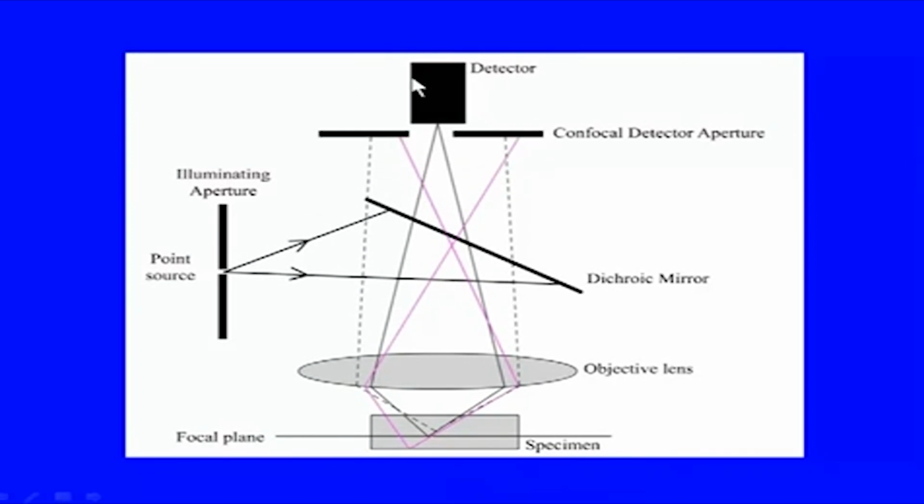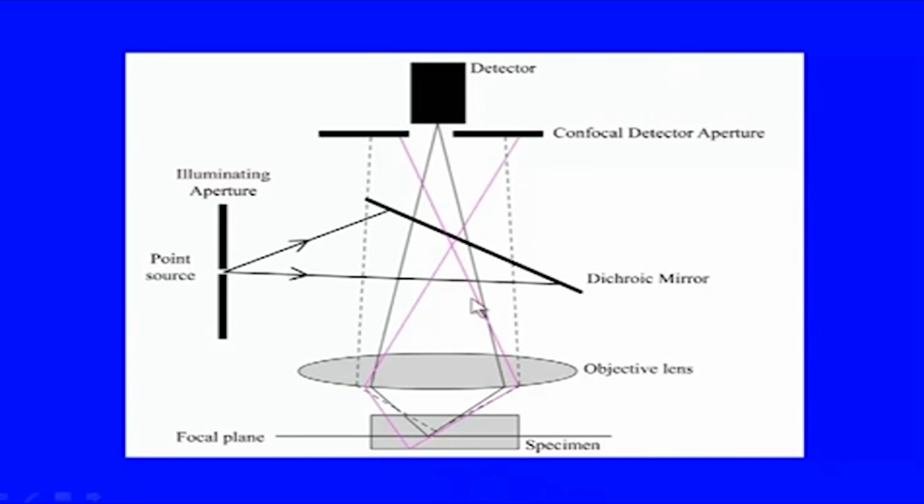So, at a time you get an image which is in focus, and then to change the focus, like to raster or to go to different depths, you will change the focus of both these points, and subsequently the focal point on the specimen will also change, and you will collect a lot of optical images which could be combined to give a 3-dimensional image.